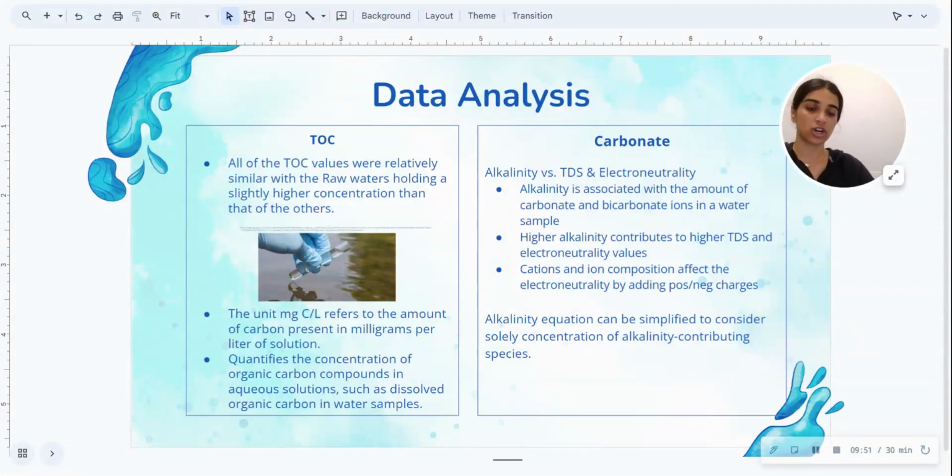Cations will add positive charges, and anions will add negative charges to said sample. And the alkalinity equation can be simplified to consider just the concentration of whatever species we're talking about, like the alkalinity contributing species. The concentration of that is how we can also figure out the alkalinity.